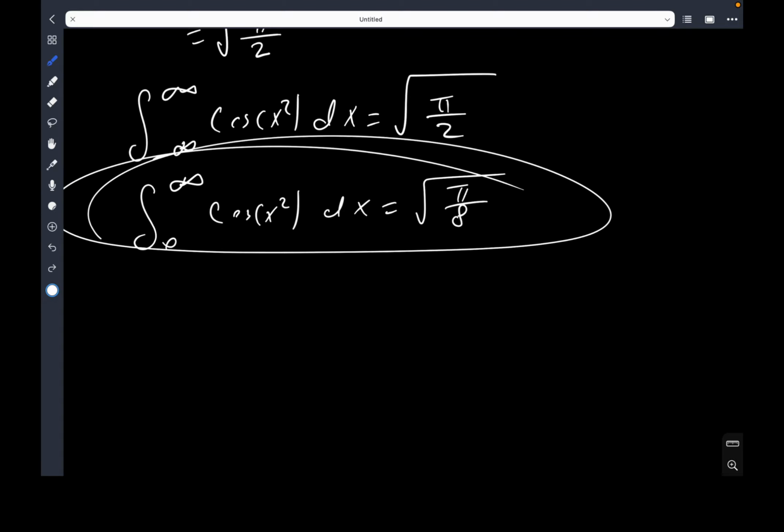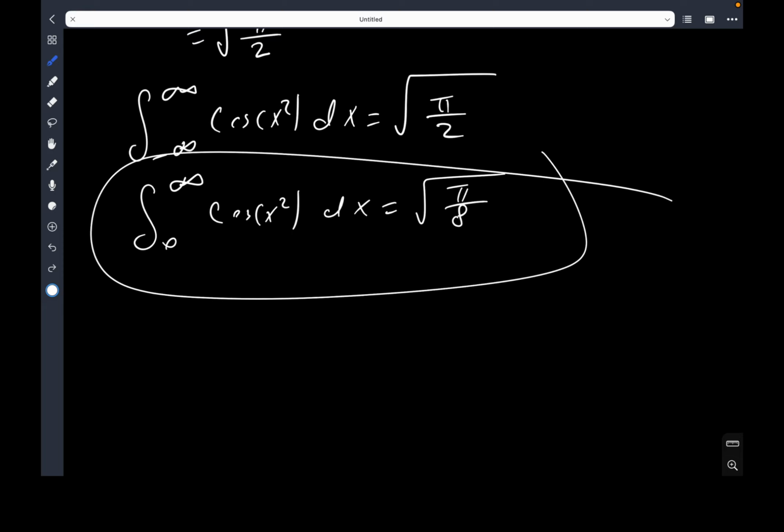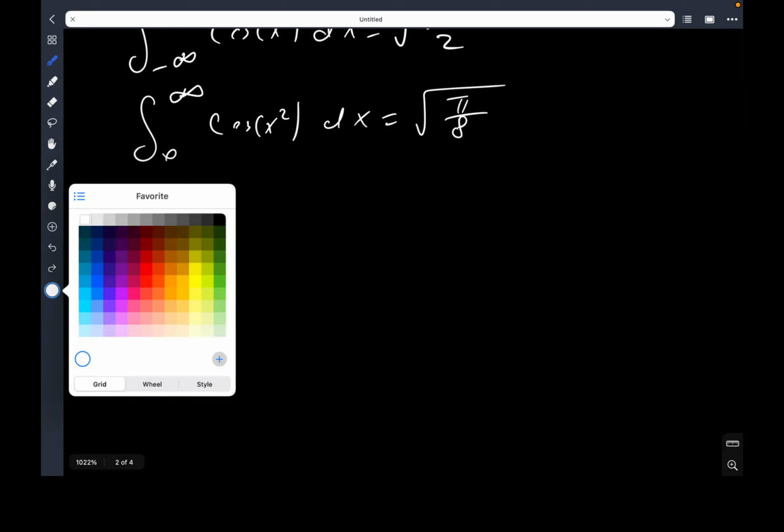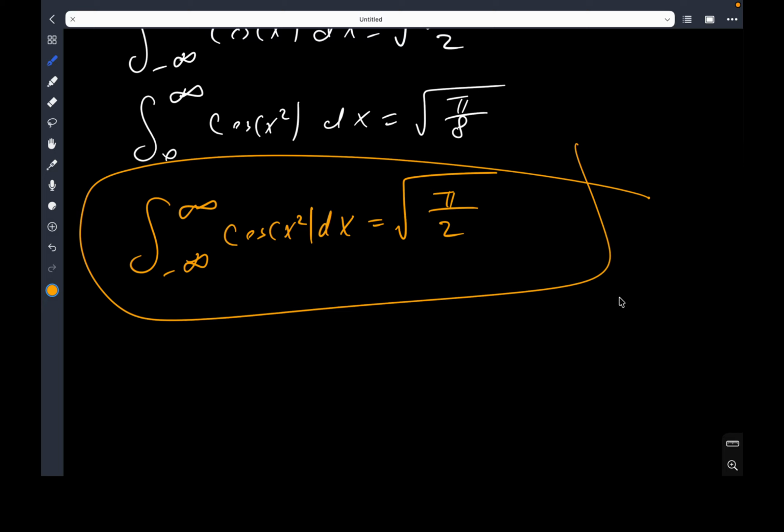This one is twice this one, and if you multiply by 2 and move under the radical sign, you're going to get this result as well. Thus, we concluded that the total area under the graph of cosine x squared dx is square root of pi over 2. And that concludes our today's video.